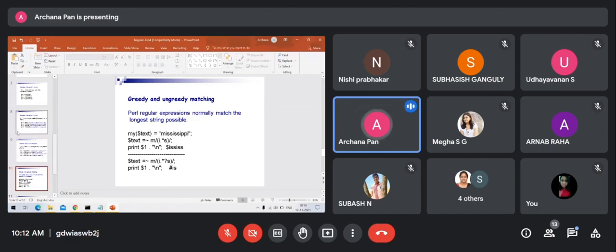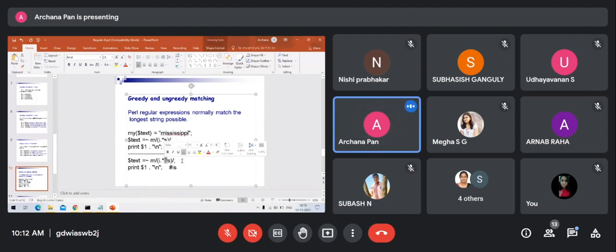When you are using this star, and if you add one question mark after it, the rule changes, this behavior will change. It will make it the ungreedy one. So what is the meaning of this one? We'll see.